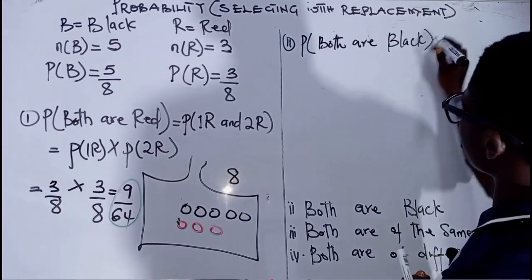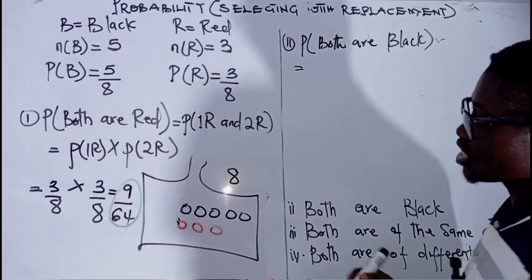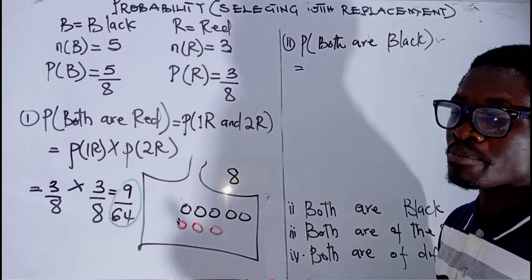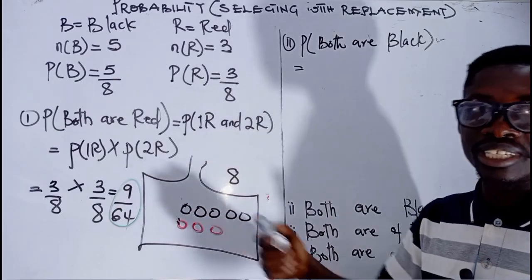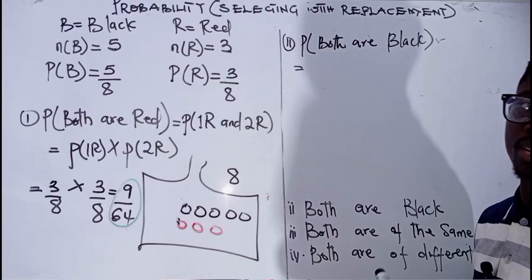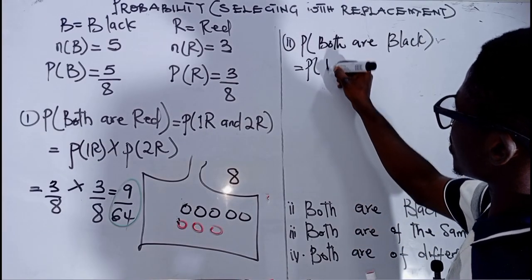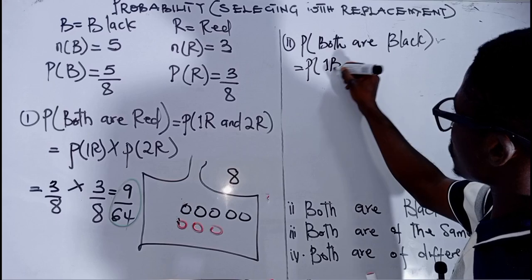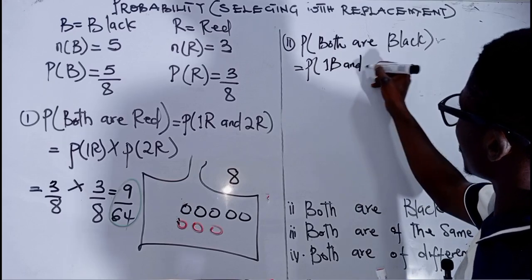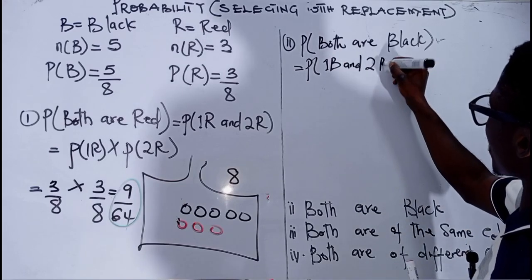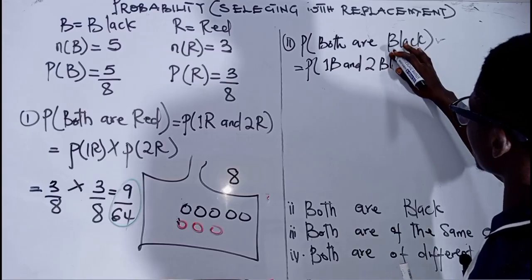Both are black means that on the first draw, we are getting a black marble, and on the second draw, we are getting a black marble as well.